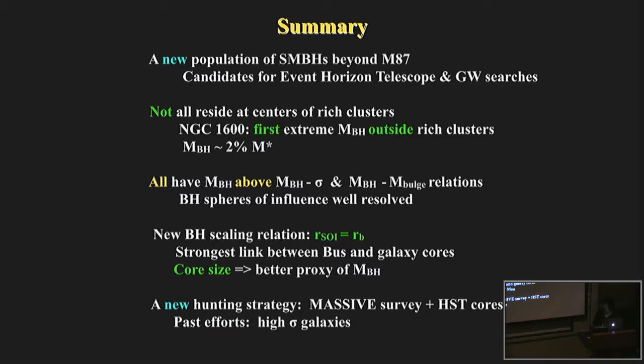And I highlighted the environment. Not all these big black holes live in the richest clusters. The MASSIVE survey will allow us to study these systematically because we are not selecting based on environment. And NGC 1600 is the first example of a very extreme black hole outside of a rich environment.